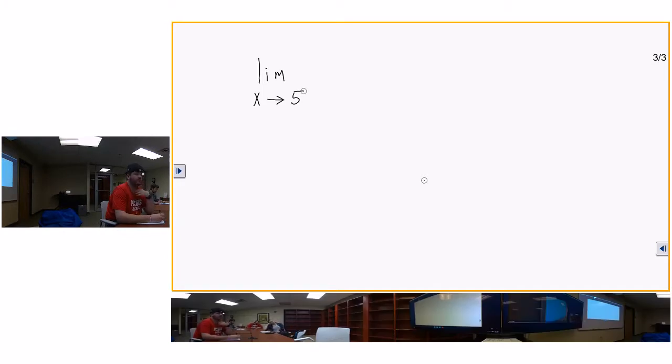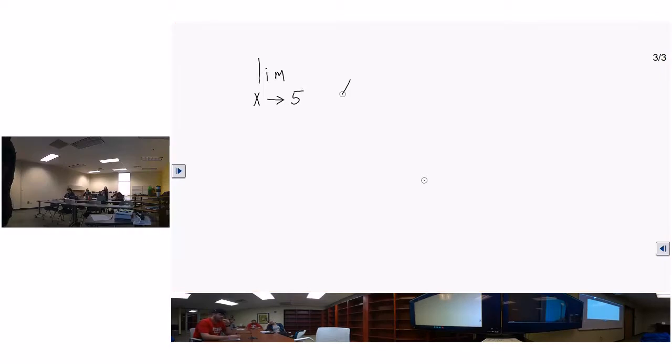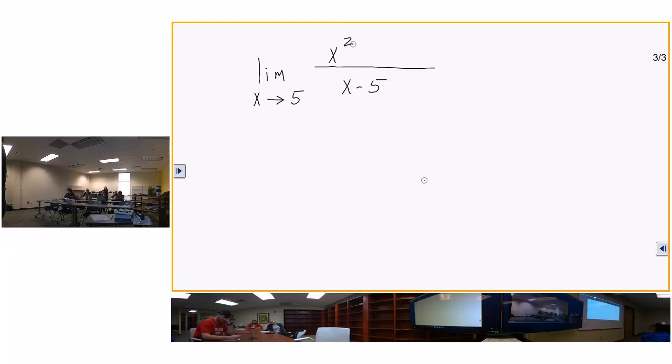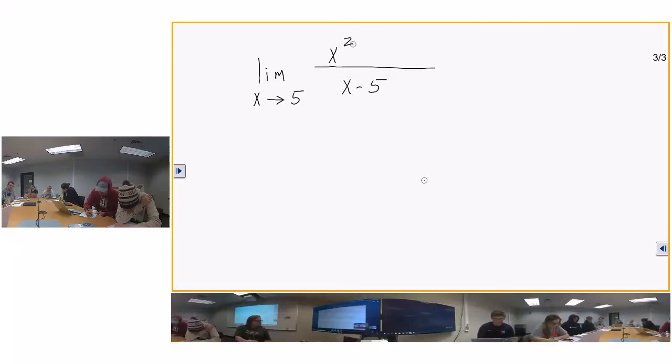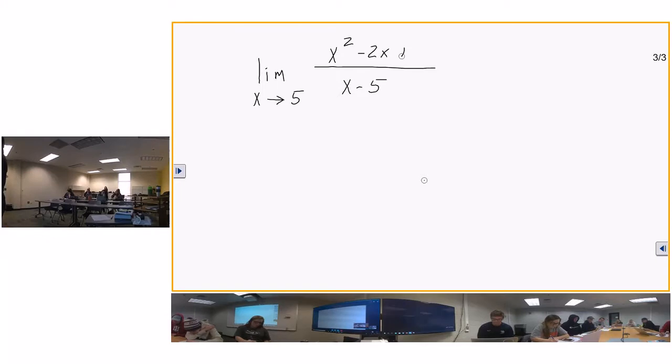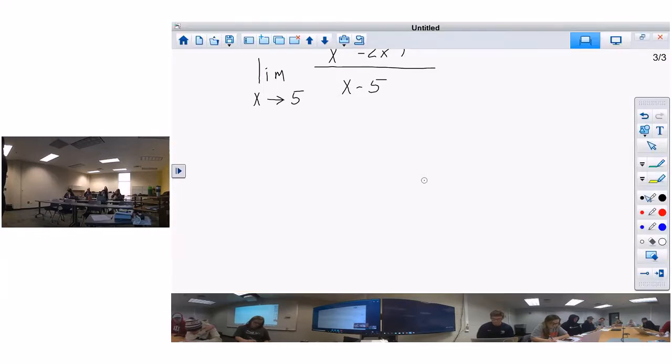I've got to make one up in my head right quick: x minus 5 over x squared minus 2x minus 15. Try that one. I hope that works.